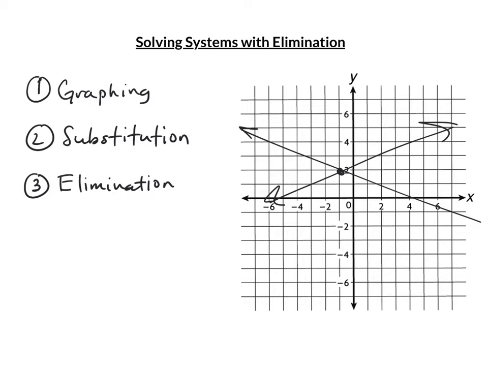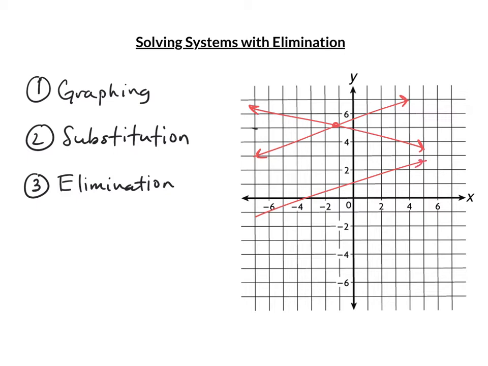Before we do that, keep in mind there are three things that can happen. Always, our answer is an ordered pair where two lines intersect. These are the three cases then. You could graph your lines and they intersect at one point. You get one solution.